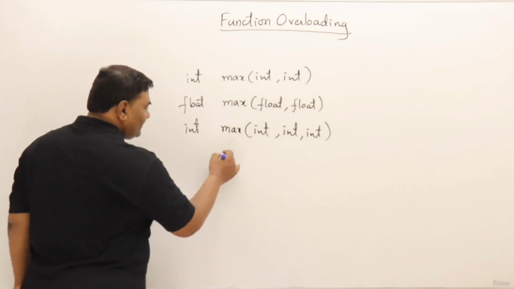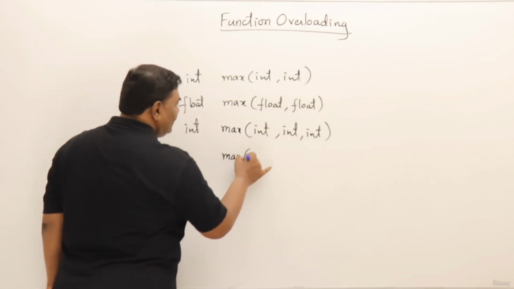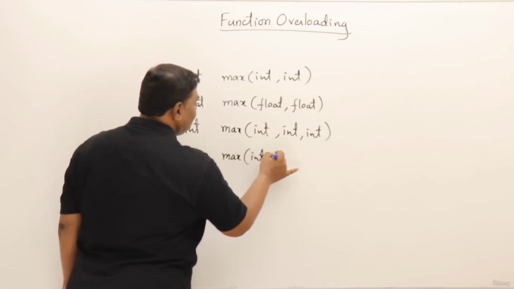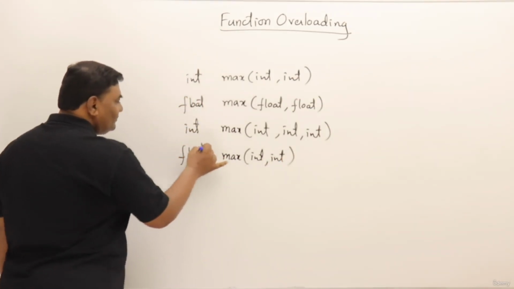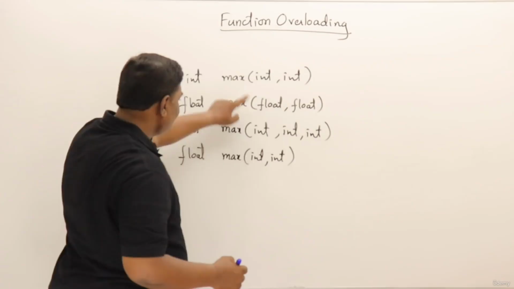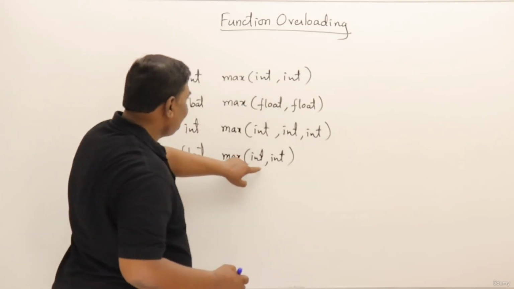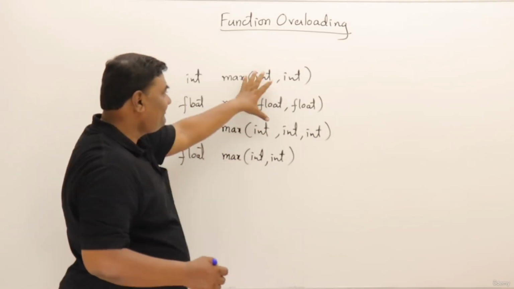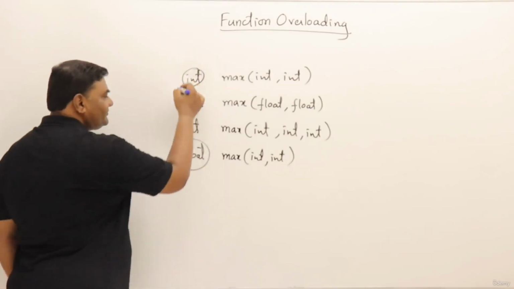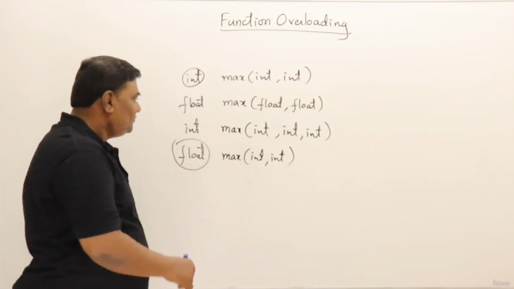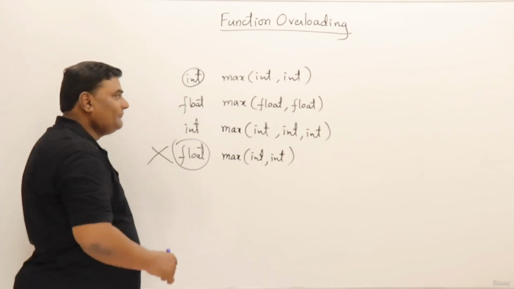Now I will write one more max function taking 2 integers but returning float. So this is matching with the first one. The data types of the parameters are the same and the number of parameters is also the same, but the return type is different. So are they different? No, this is a name conflict.